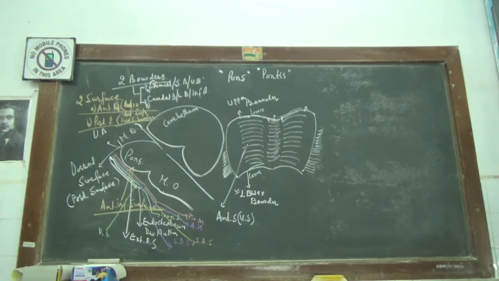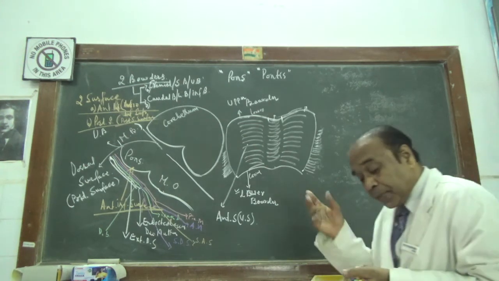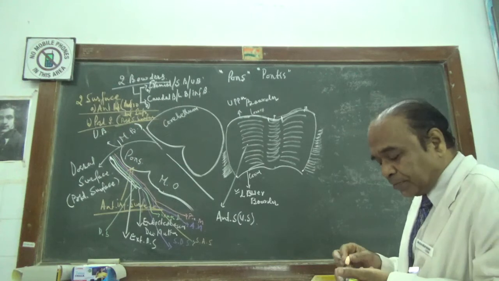like ependyma, definitely the pia mater will be there. Then you have the tela choroidea, more than that CSF, and apart from that, the blood vessels, which are the branches of the vertebral artery, and other than that the circle of Willis branches and the branches of the basilar artery.